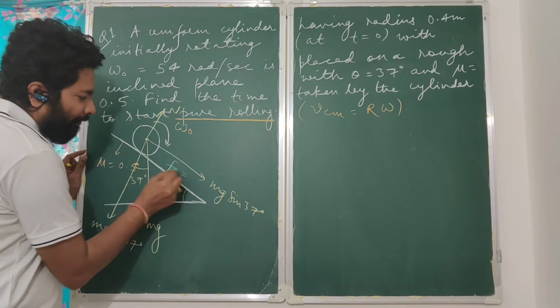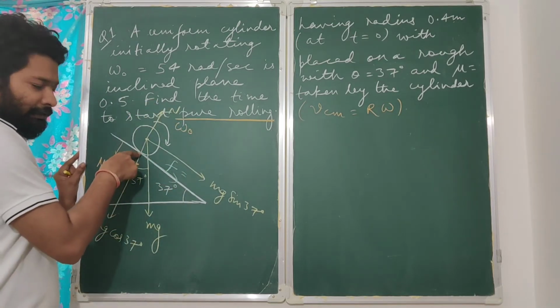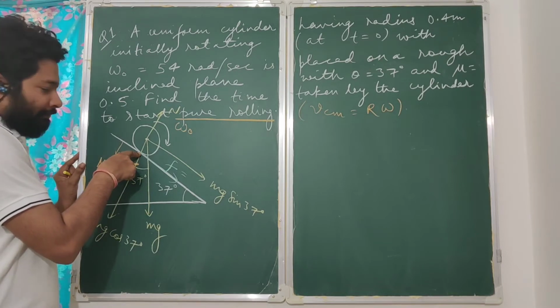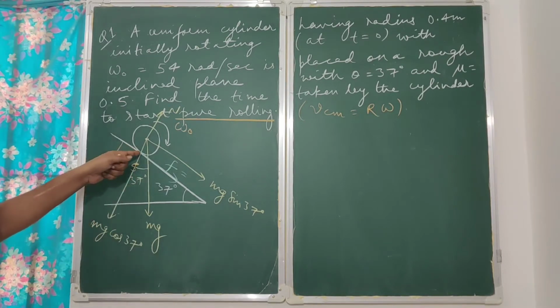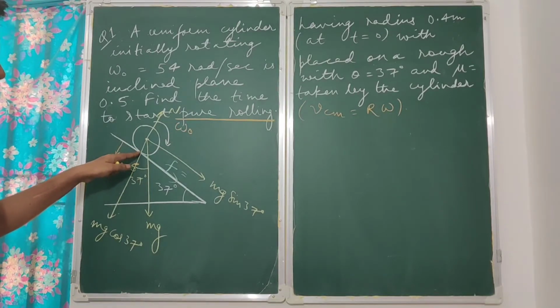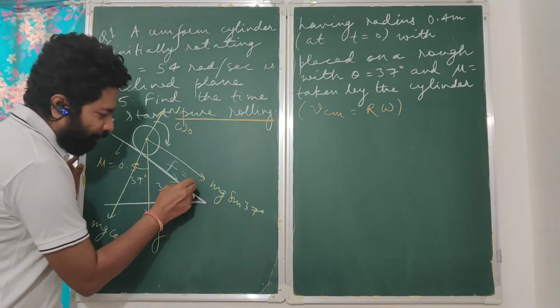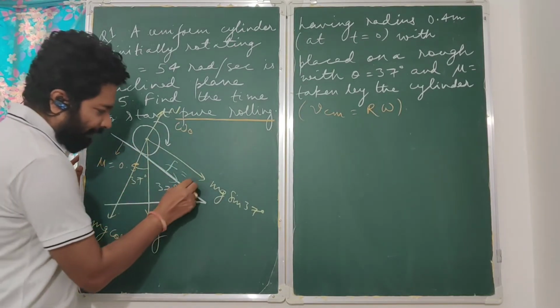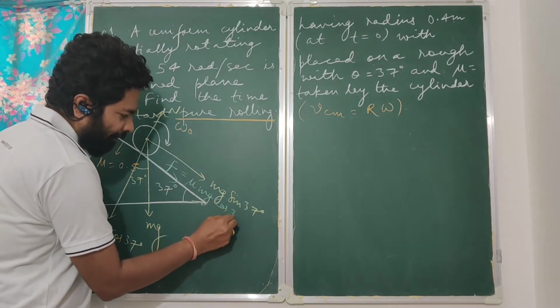The frictional force will be equal to mu times N, because this is performing actual motion, correct? Still pure rolling has not started, so the instantaneous point of contact is not at rest. So we can take it as mu into the normal reaction, the maximum possible value, mu mg cos 37 degrees.